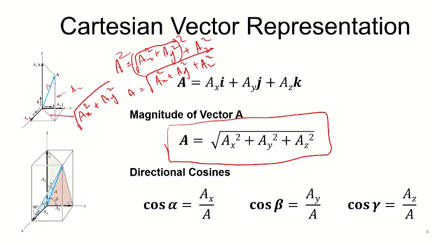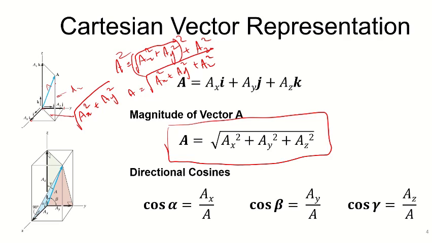If it is a vector, we know that it should have two components: one is the magnitude, the other one is the direction, right? The direction of vector A is given by the coordinate direction angles alpha, beta, and gamma.